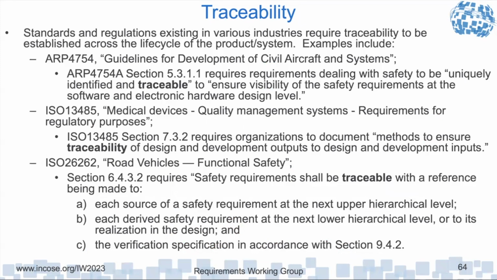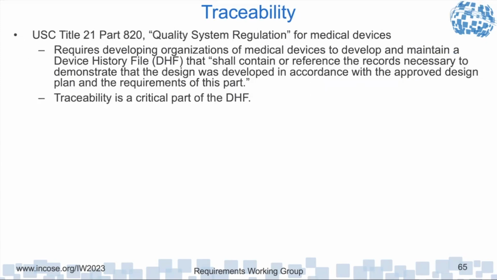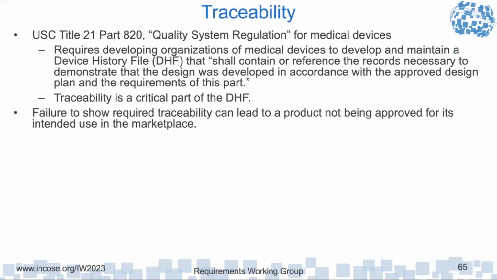So traceability is not an option really, and defining that chain of evidence is actually required by the standards and regulations themselves. And the same is true with medical devices with Title 21 Part 820, where traceability is a key part of developing the device history file, establishing that chain of evidence. And failure to show required traceability can lead to the product not being approved.